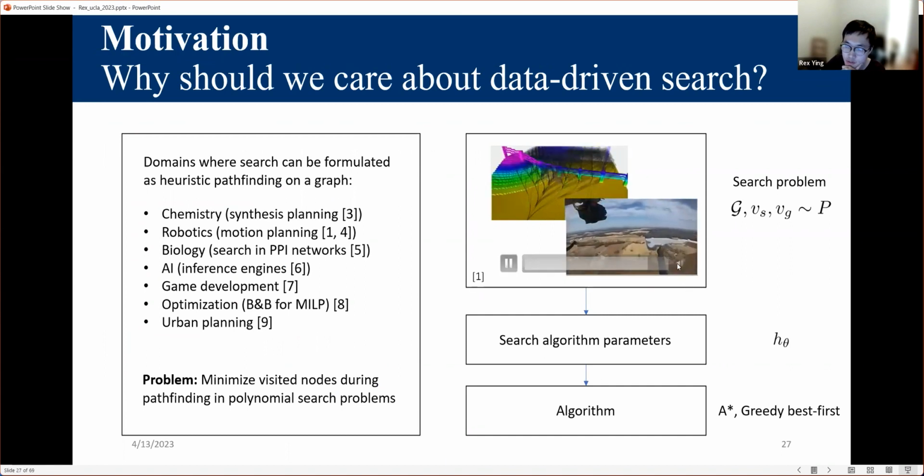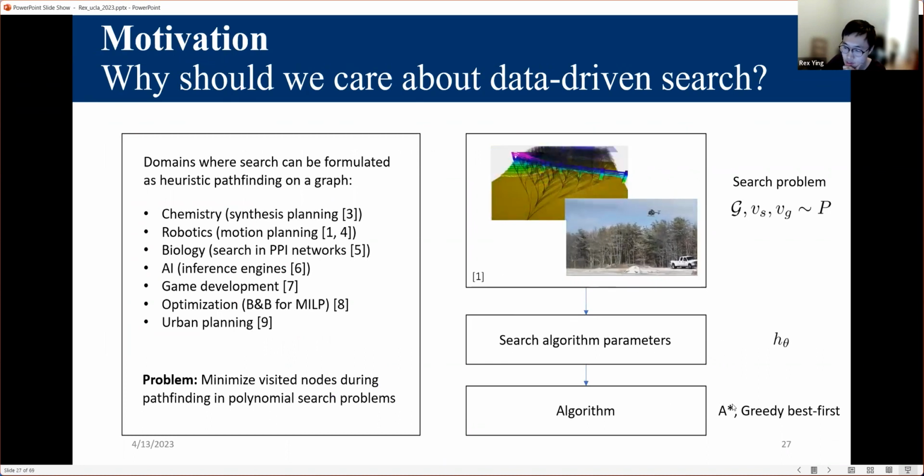And typically for robotics and engineering, A star is a very effective way to do it, based on a heuristic, right? So at every step, you use the heuristic to estimate how far away you are from the destination, and you can decide where to go next, depending on the estimation of the distance.